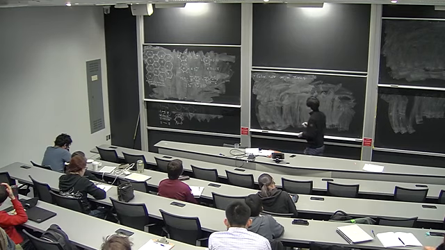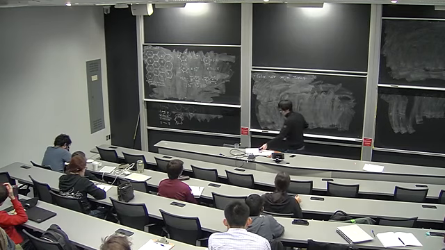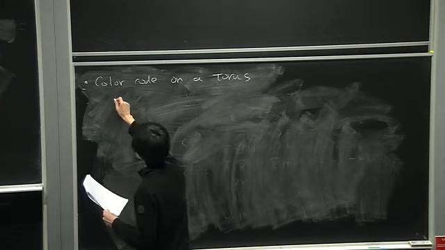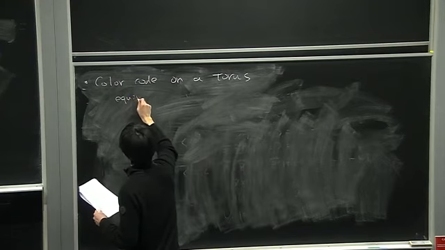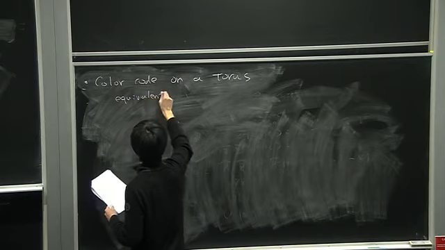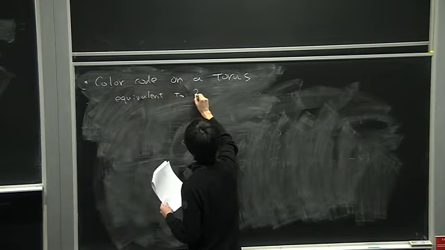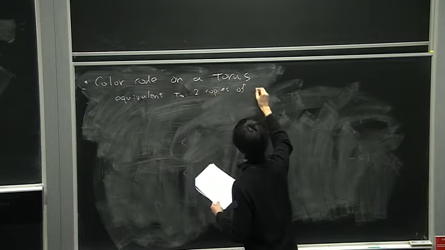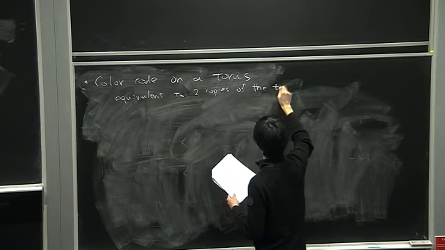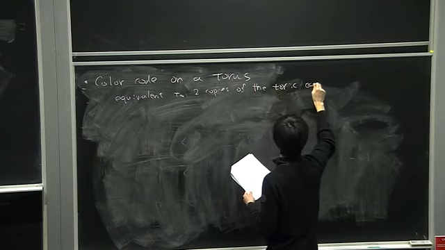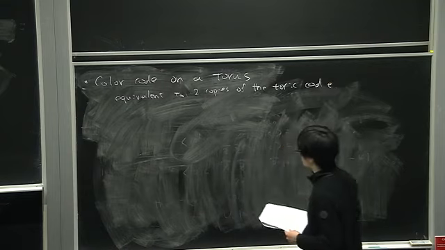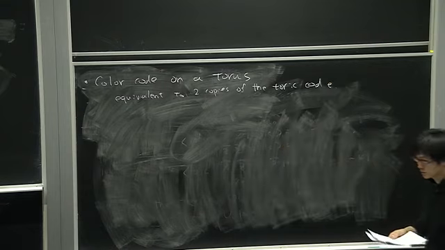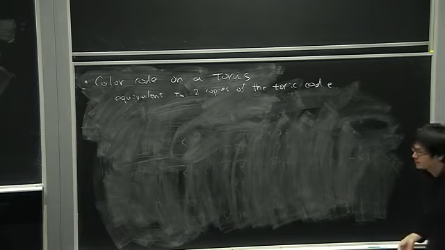This 2D color code on the torus turns out to be just two copies of the toric code which are not interacting with each other.